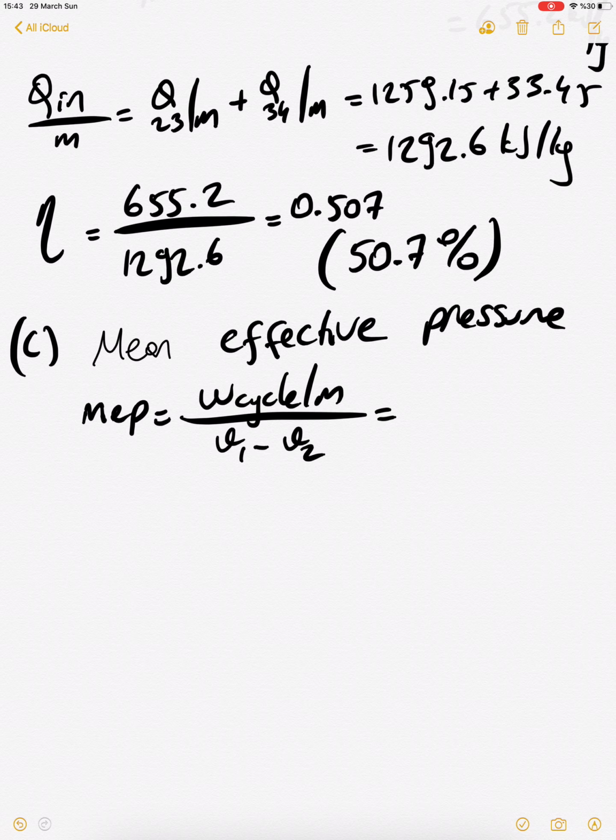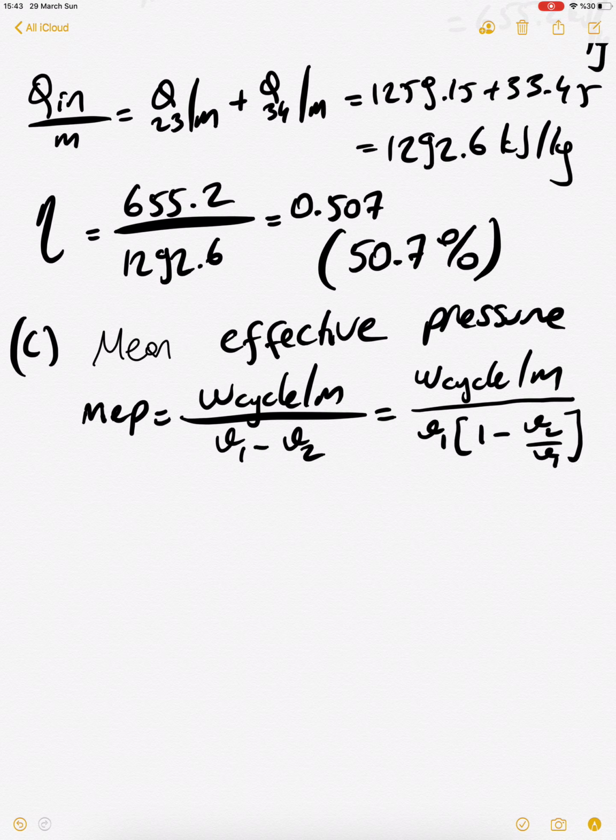So we know the cycle work, and we can write it in this form: W cycle per unit mass divided by V1 times (1 minus V2 over V1), where V2 over V1 is actually 1 over the compression ratio.